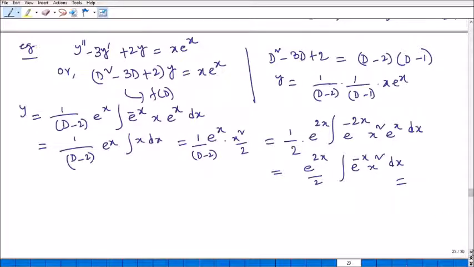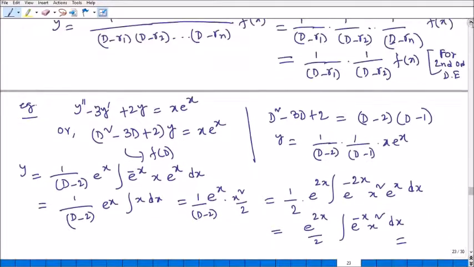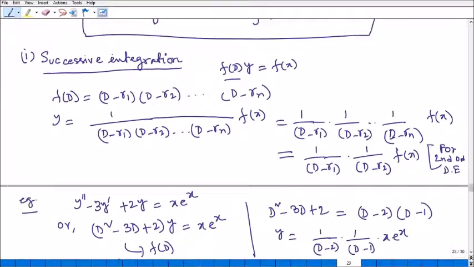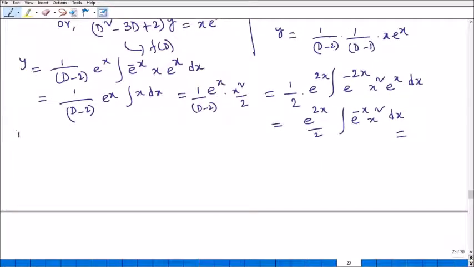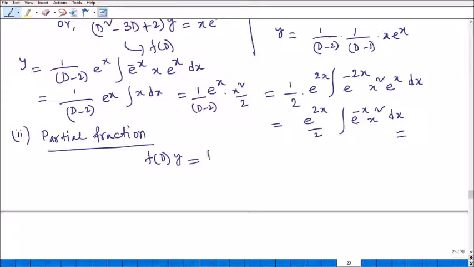Now the second technique which is used in this operator method is the partial fraction. So method of partial fraction. Here partial fraction method means, we know the differential equation in the operator format, f of d operating on y equal to f of x.